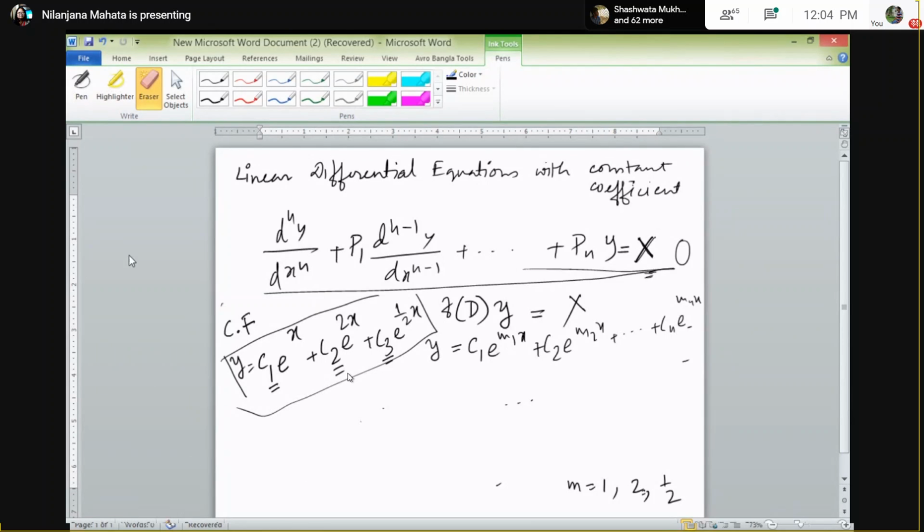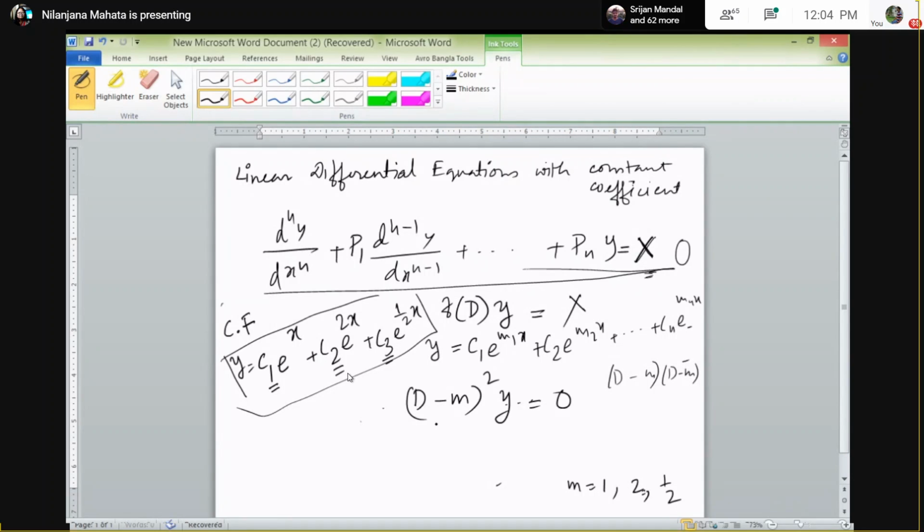I can use the formula directly, or we can also derive how it comes. If you have a repeated root m, so you must have some factor like this, so m comes twice in your factorization.